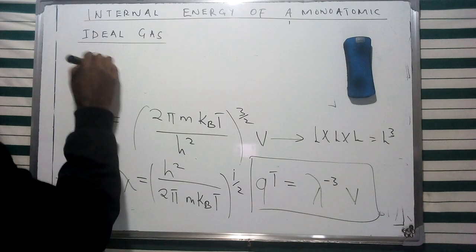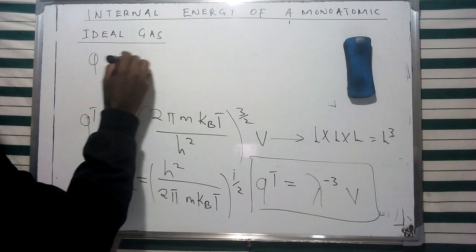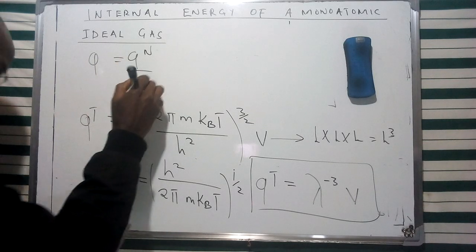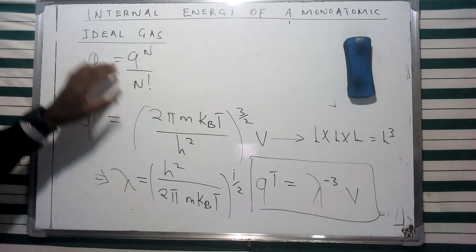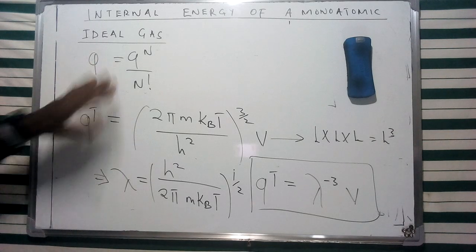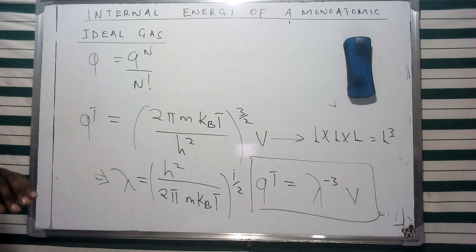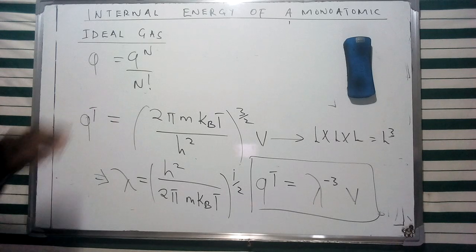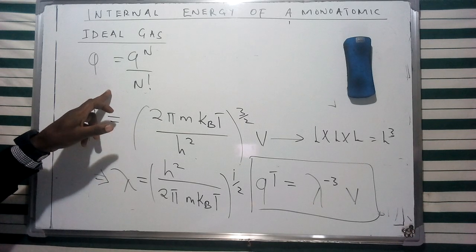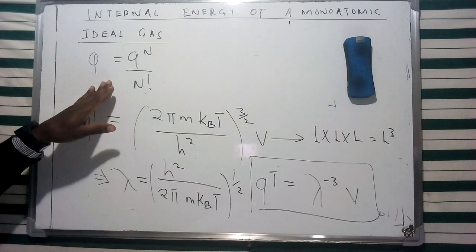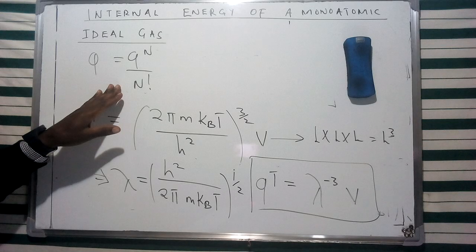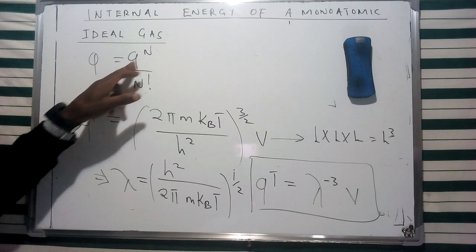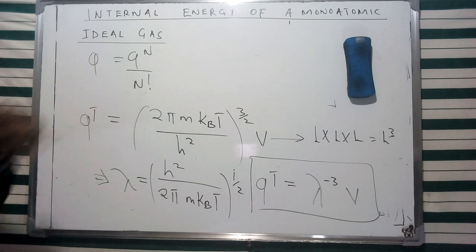Given two cases, for distinguishable and indistinguishable particles: for a gas and liquid, where particles swap positions, unlike solids, which are at a specific position or lattice, we represent the indistinguishable particles using this partition function, which is Q^N over N factorial.